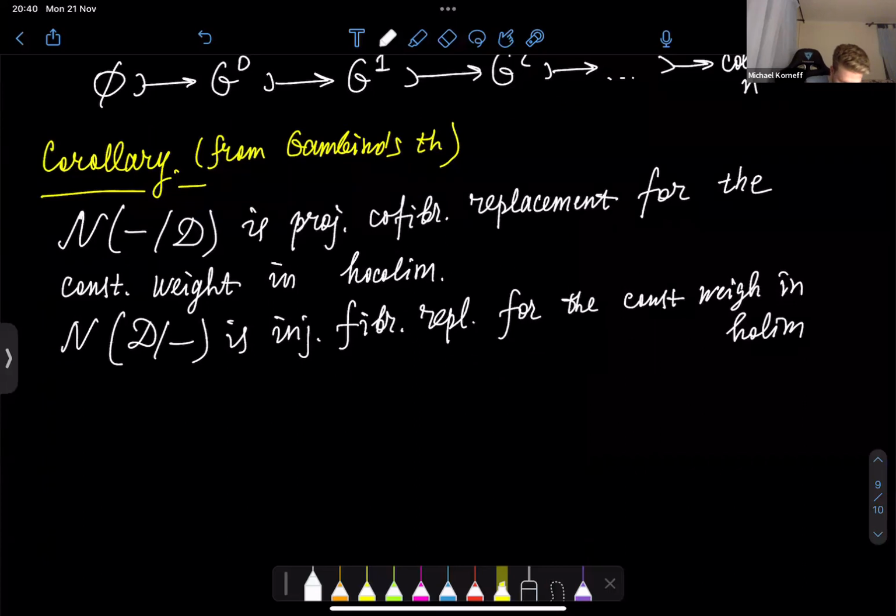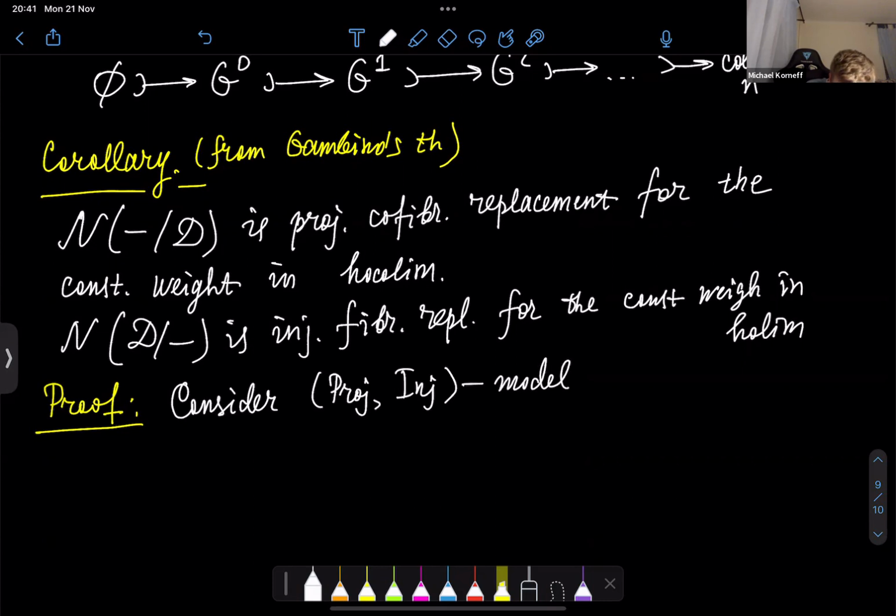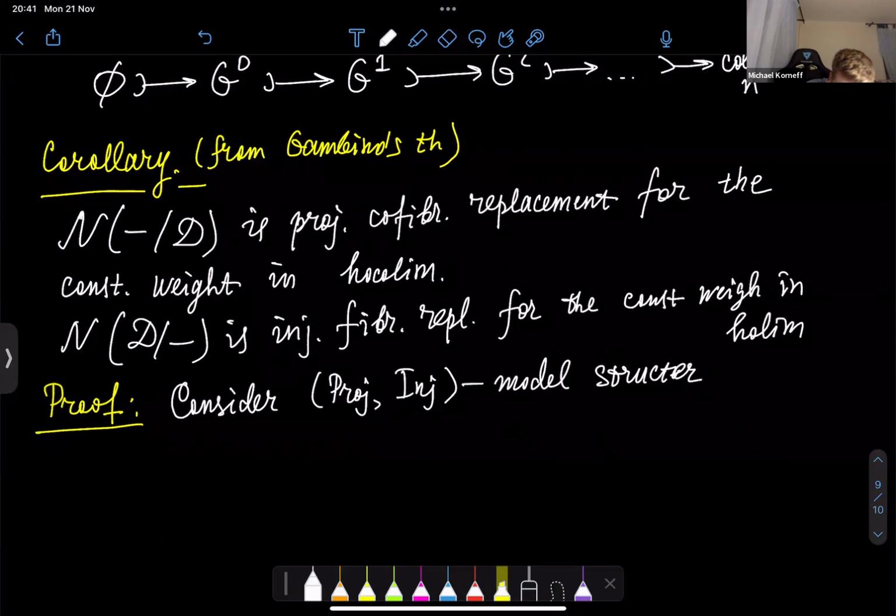Okay, proof. Consider the projective and injective model structures.